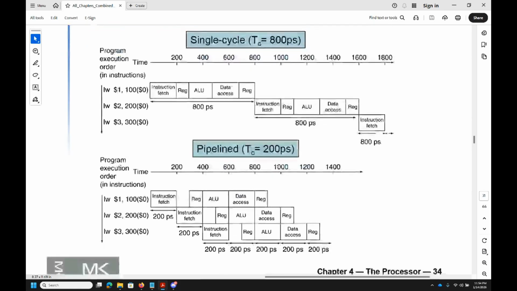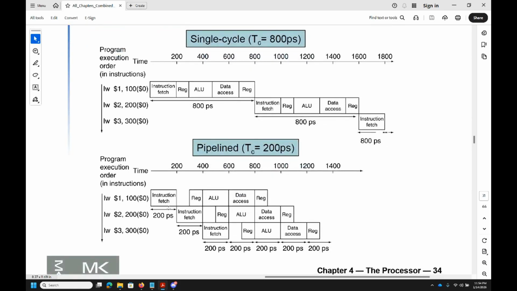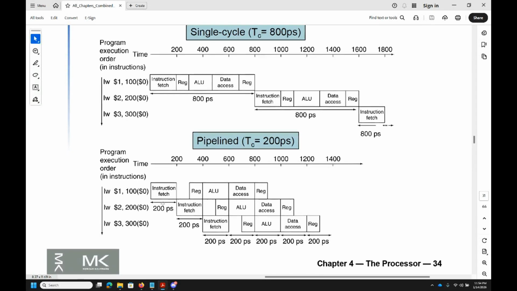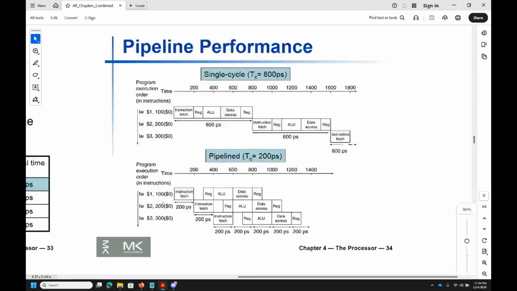But if you pipeline it, then you can start multiple runs, and each extra run will take only 200 picoseconds extra because they're overlapping, right? After the first instruction is executed, you can start another parallel run, and it will take only 200 more because it's just started 200 after. So you can keep pipelining the instructions one after the other, and they will keep executing faster.